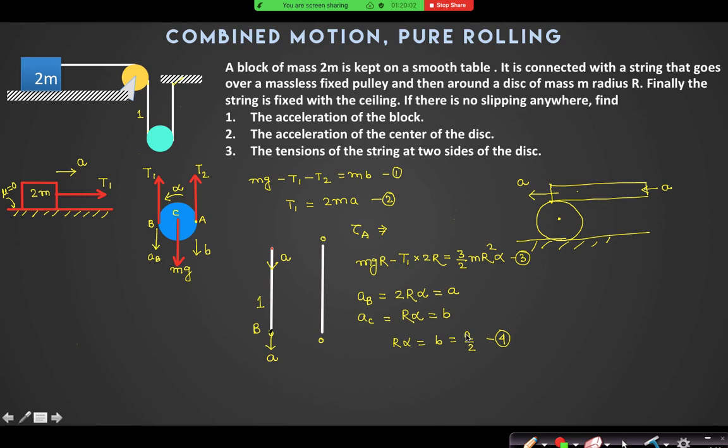We can find A, B and tensions from 4 equations, 4 unknowns. I can first eliminate alpha, I think. Alpha is not needed.